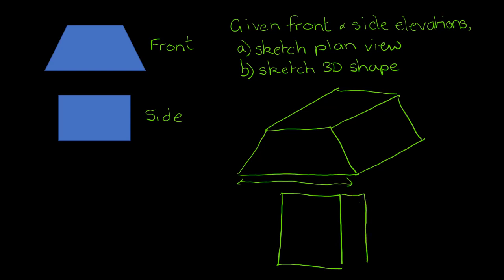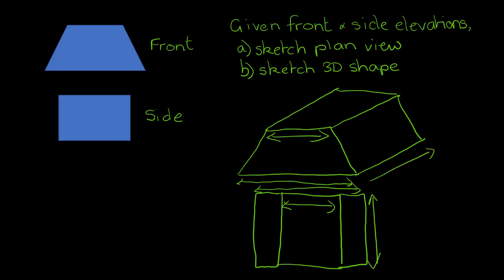But effectively what you would end up with is these two extra bits here, so that the whole of this should be the same width as above, and this should be the same width as this, and then this height, if you like, on this one would be the same as the depth on that diagram.